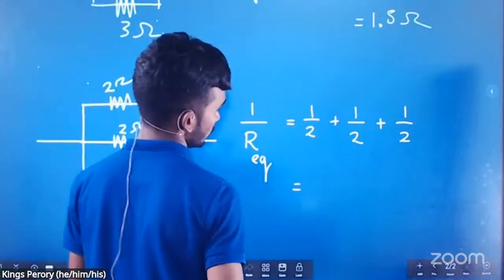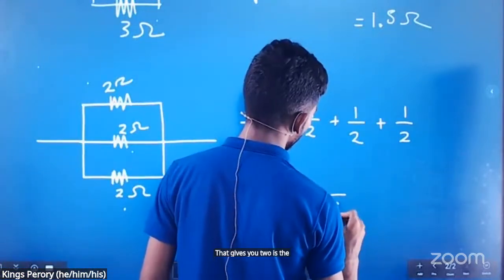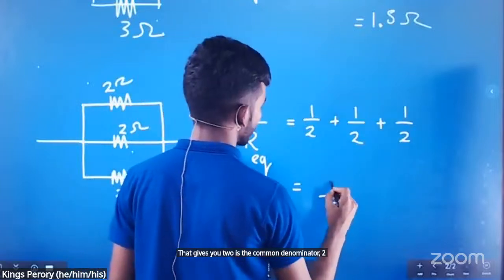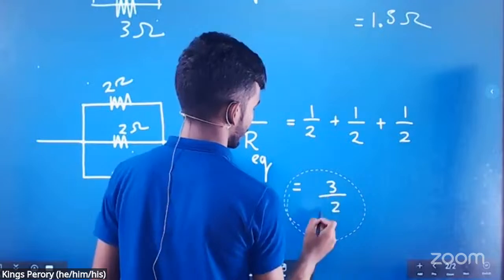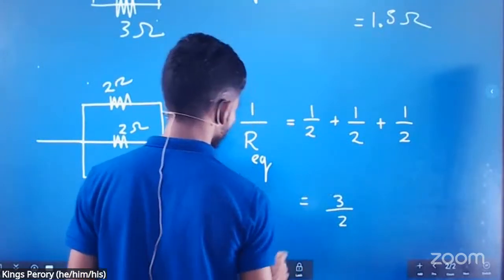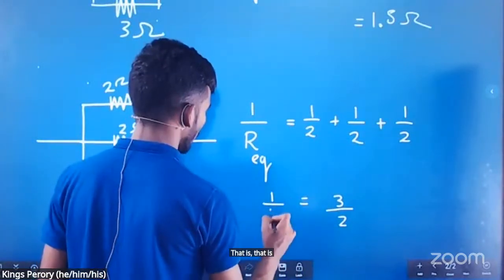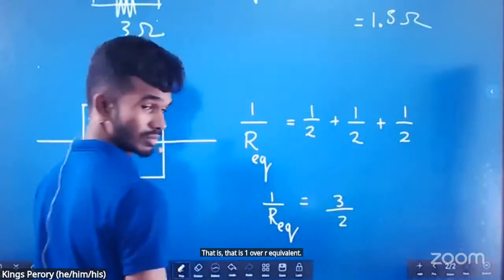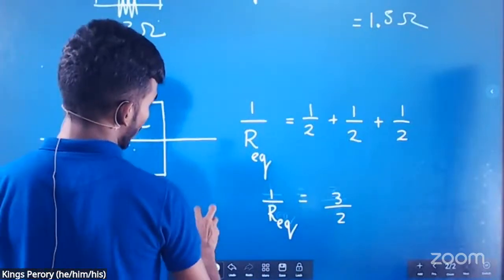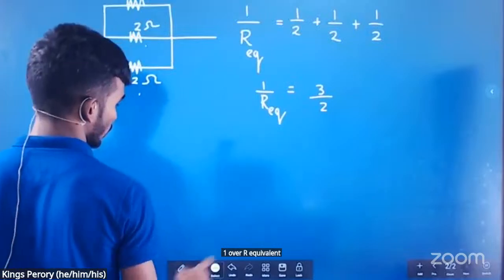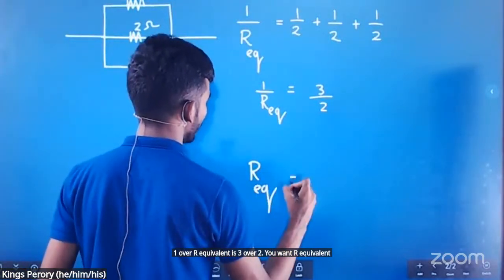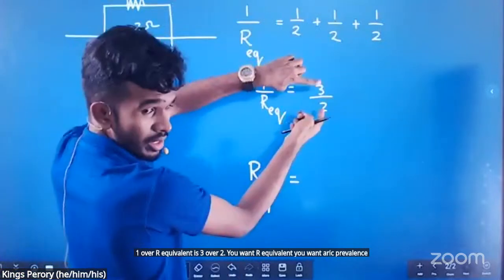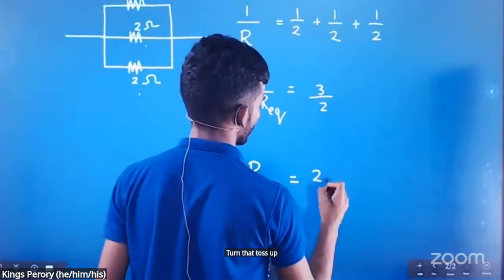That gives you, 2 is the common denominator, 2 over 1 plus 1 plus 1, so 1 over R equivalent is 3 over 2. You want R equivalent. Turn this upside down, turn that also upside down. That is 2 over 3.